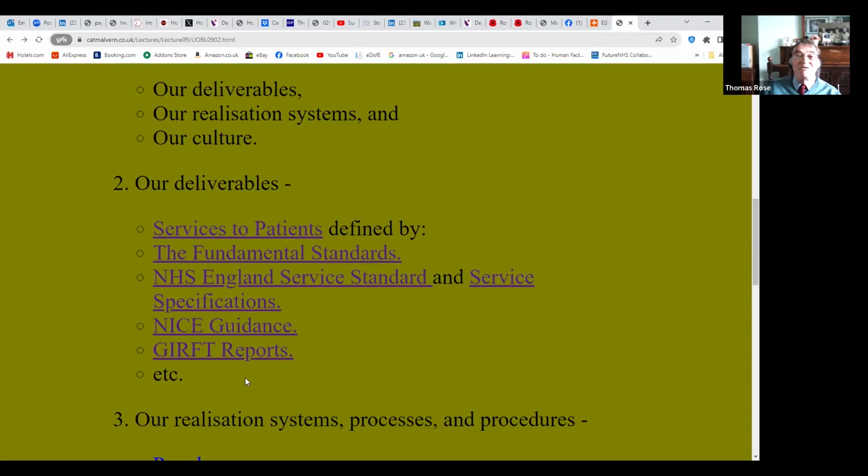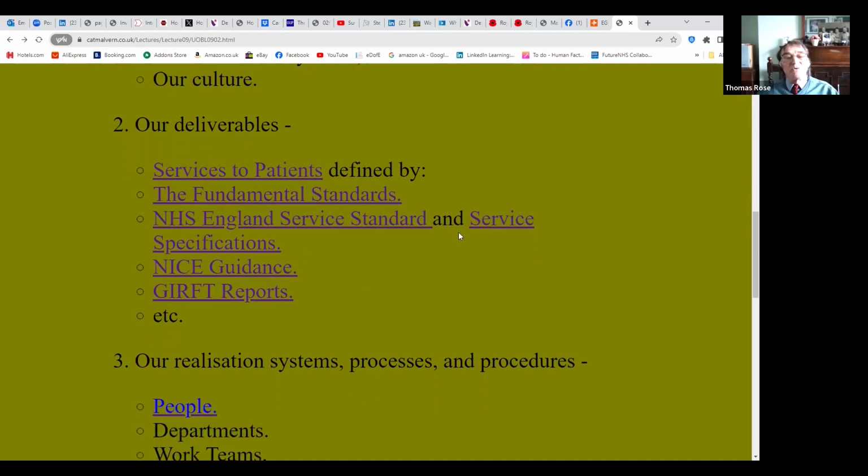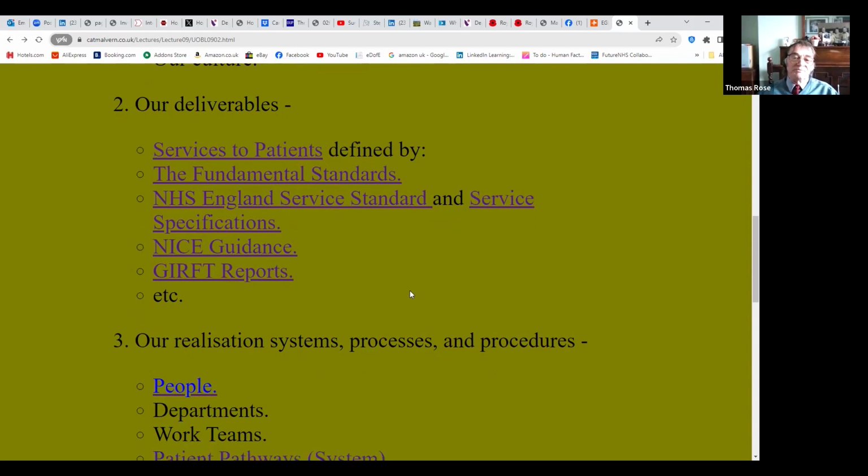Well, you can't really design a standard to meet all 150 of those requirements. So you've got to pick and choose a little bit and say what it is that your service is meeting as a standard. So that's your deliverables. And that's one element of quality management. You've got to manage the quality of your deliverables.